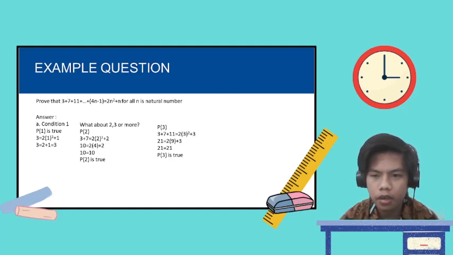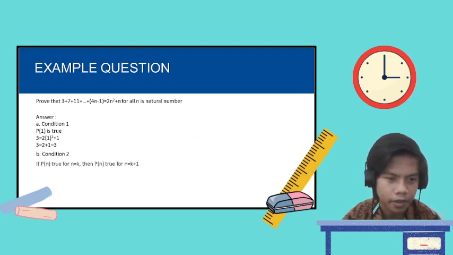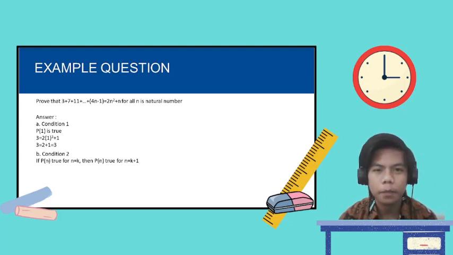We need a condition that represents all n, where n is a natural number. So we need the second condition, and that is: if Pn is true for n equals k, then Pn is true for n equals k plus 1.